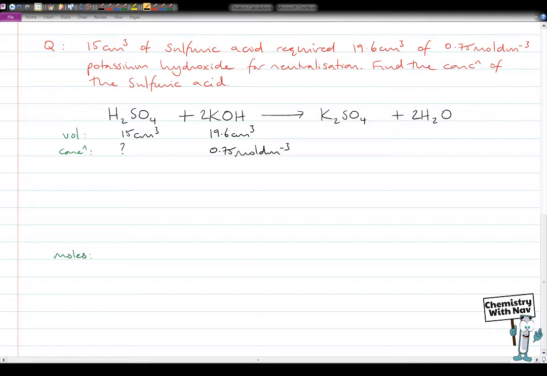So my target is the concentration of sulfuric acid. So here goes. We only have one place to start. It's the place where we have two details about one of the substances.